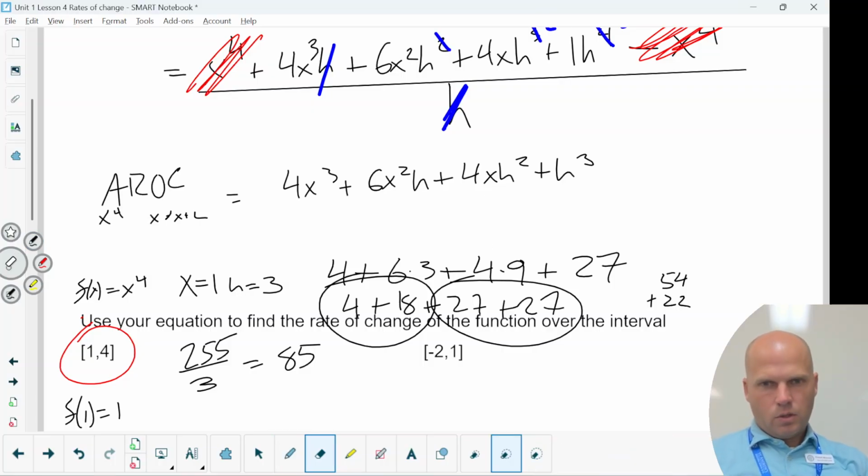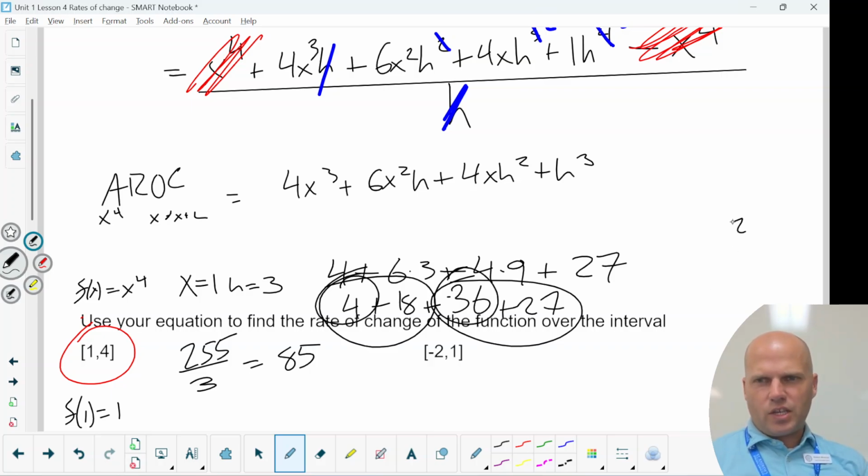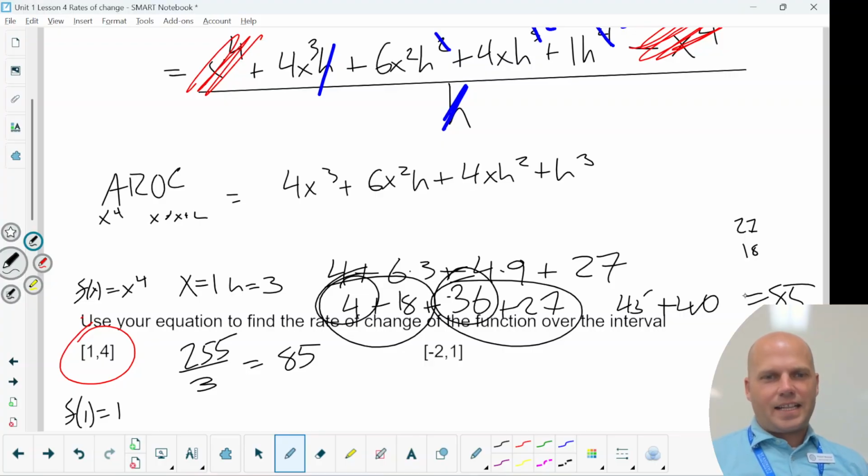Oh, 36. It's nice when you know your mistake is not in the basics. 36 plus 27: 36 plus 4 is 40, 18 plus 27 is 45, 45 plus 40. There you go, 85. Got that same answer.